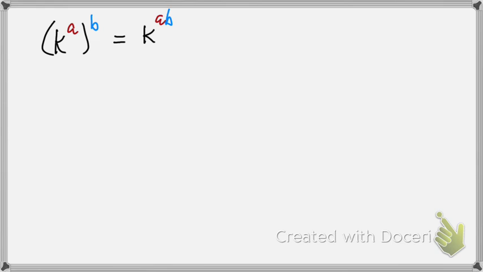So I'll get this back. All this is saying is, if you've got some base, I'm just calling it K, raising it to a power like A, and then whatever I get for that answer, I'm raising that to another power called B, that shortcut says to just multiply those two exponents.